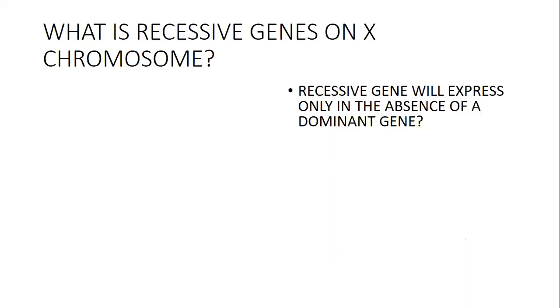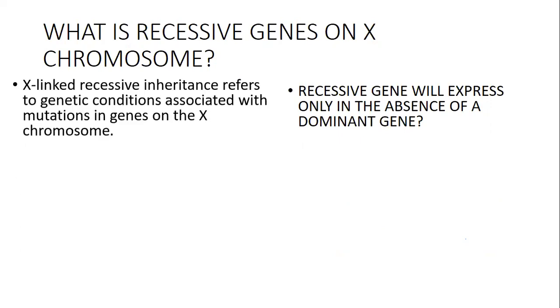What is a recessive gene on the X chromosome? A recessive gene will be expressed only in the absence of a dominant gene. X-linked inheritance refers to a genetic condition associated with a mutation in a gene of the X chromosome.